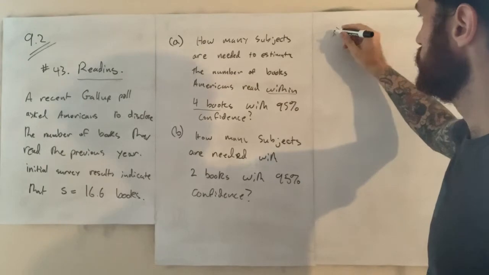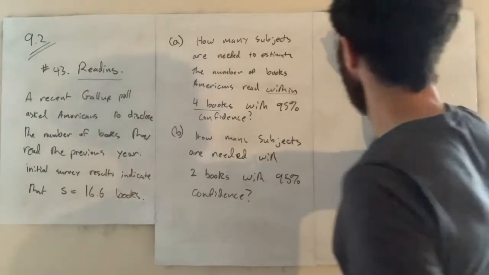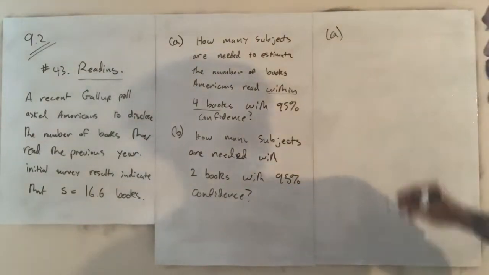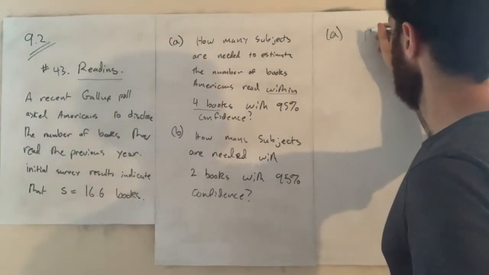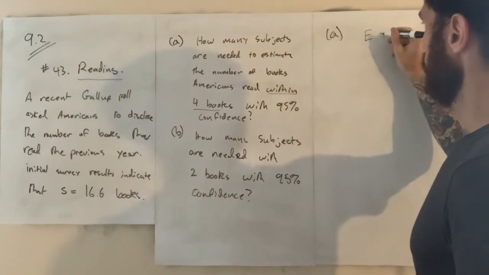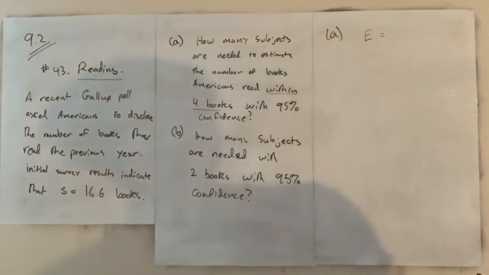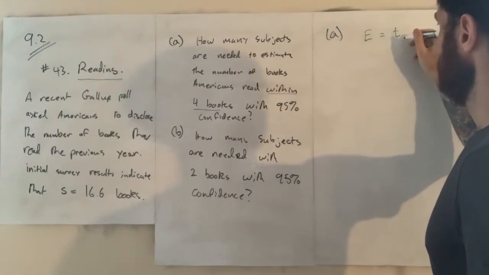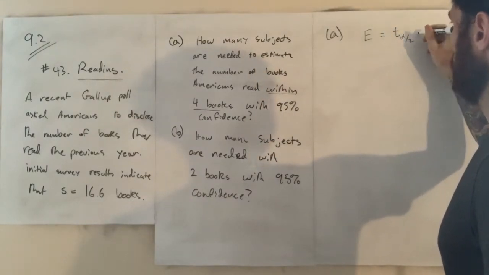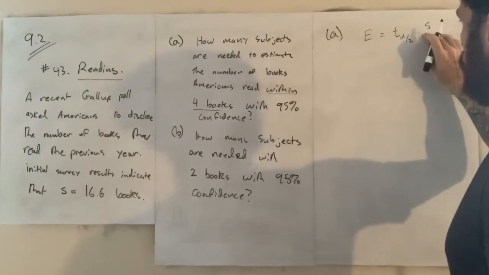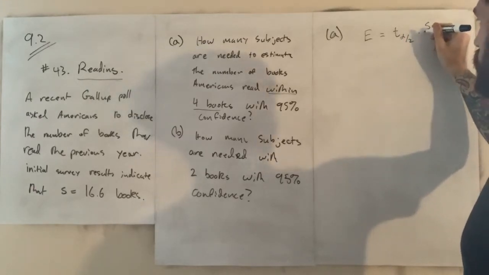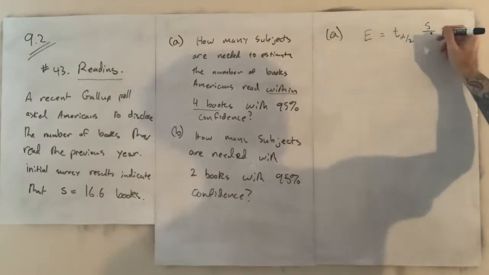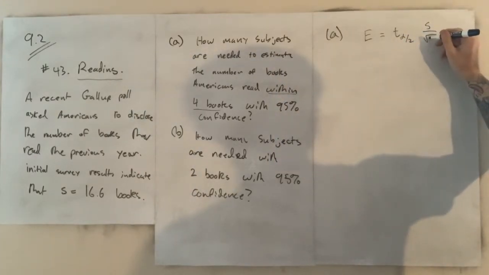Okay, so to answer this, remember that if you wanted to find the error, it's just going to be t sub alpha over 2 times your sample standard deviation, divided by the square root of n.